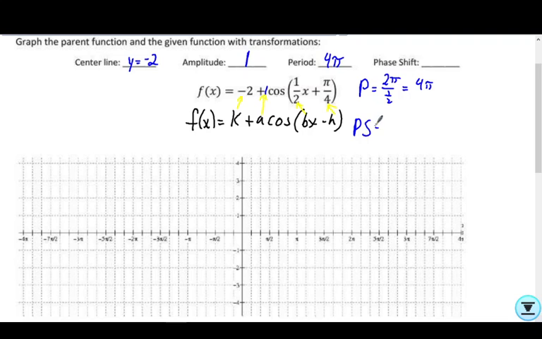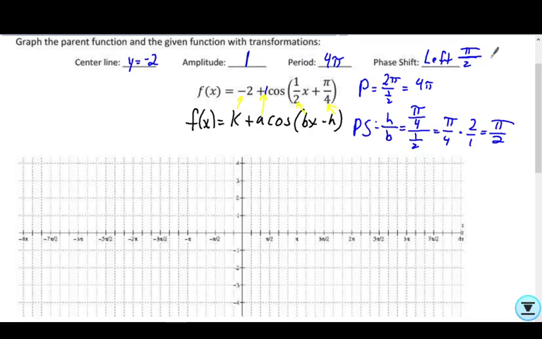And my phase shift, which is h over b, is pi over 4 divided by 1/2, which is pi over 4 times 2 over 1, which is pi over 2. So my phase shift is going left pi over 2. Okay?